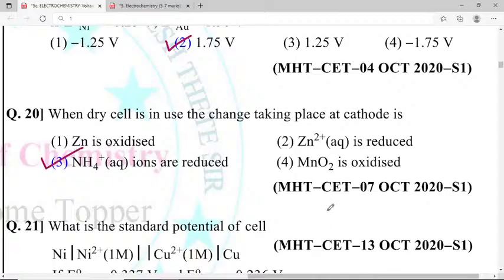So during the dry cell reaction at the cathode, ammonium ions are reduced.